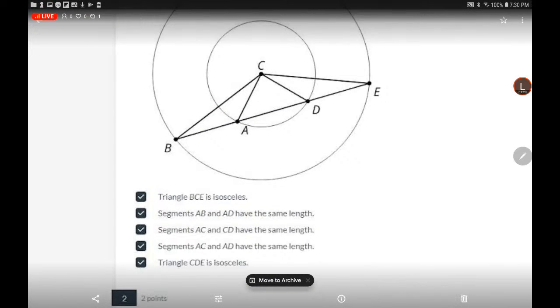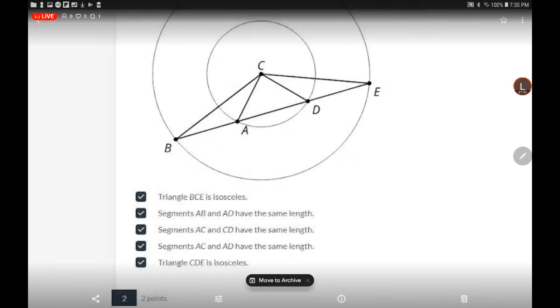So BCE is isosceles because we know that CB is the same as CE because they're both radiuses of that larger circle. So segment AB and AD, now we don't know that. AC and CD, yeah, we know they're the same because they're both radiuses of that smaller circle.